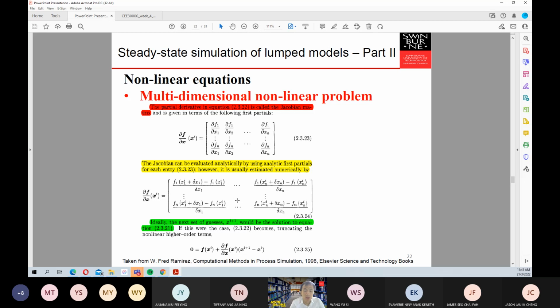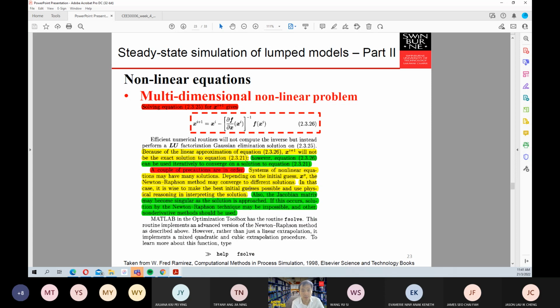To calculate the derivative, we have to use a Jacobian matrix, and we truncate the nonlinear higher-order terms in here. Because we truncate only up to the first-order term, we can proceed by iterations, one by one.